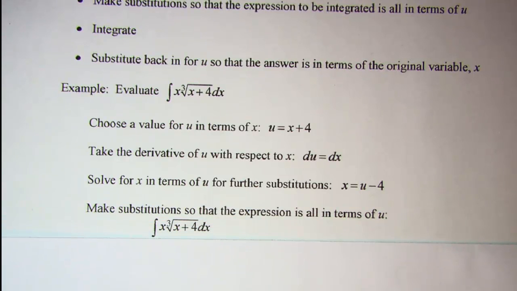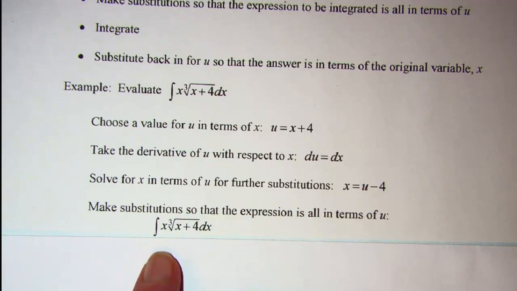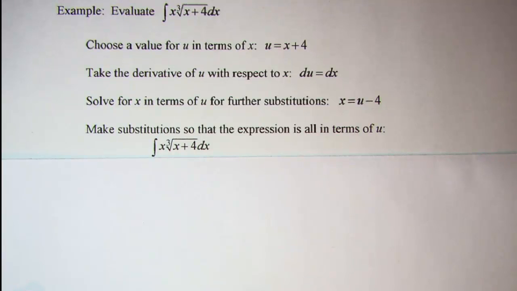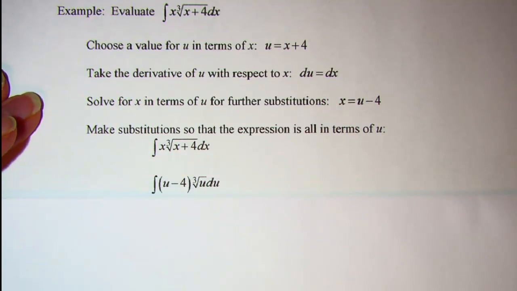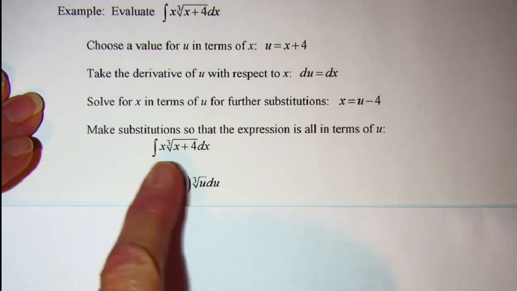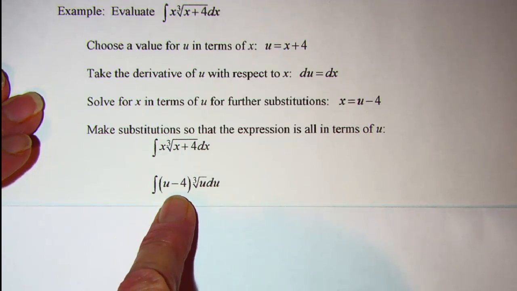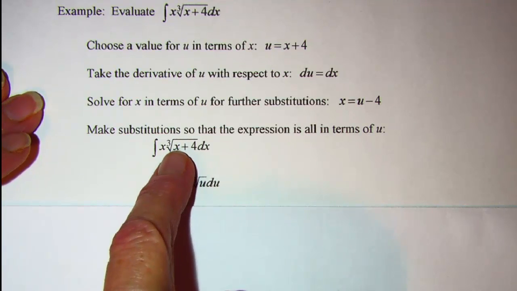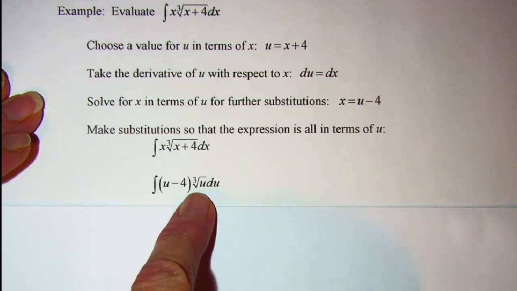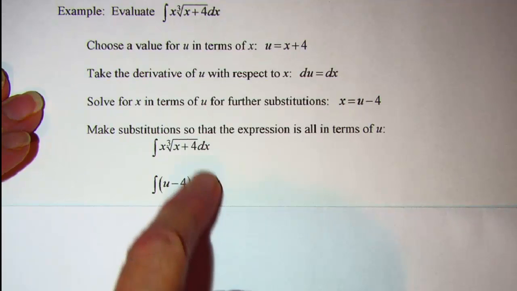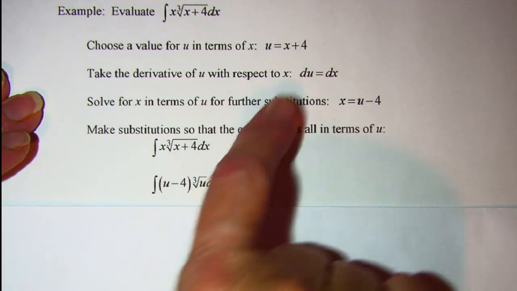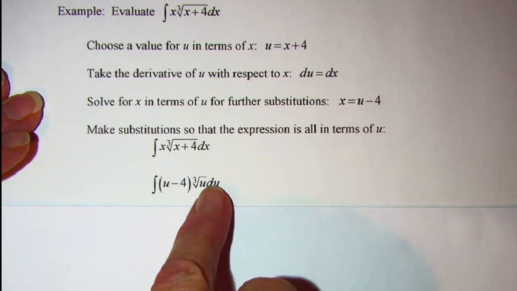All right, our original problem I have written right here. So if we do our substituting, in place of the x factor here, I'm going to write u minus 4. And then I have the cube root of x plus 4, which I will substitute and make it the cube root of u. And then in place of dx, I'll just put du.